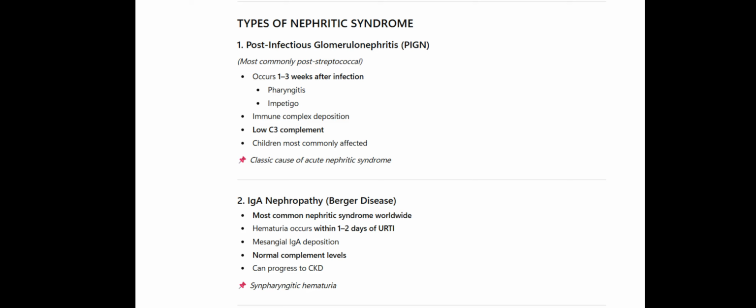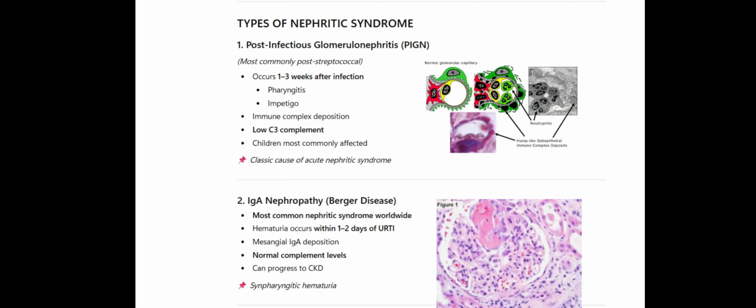The most classic and common cause of acute nephritic syndrome, especially in children, is acute post-streptococcal glomerulonephritis. This condition typically develops 1 to 3 weeks after a streptococcal throat infection or skin infection, such as impetigo. The underlying mechanism involves the formation of immune complexes against streptococcal antigens, which become deposited in the glomerular basement membrane.